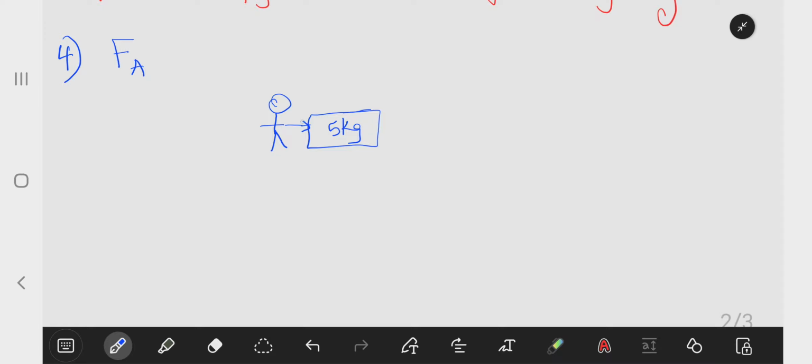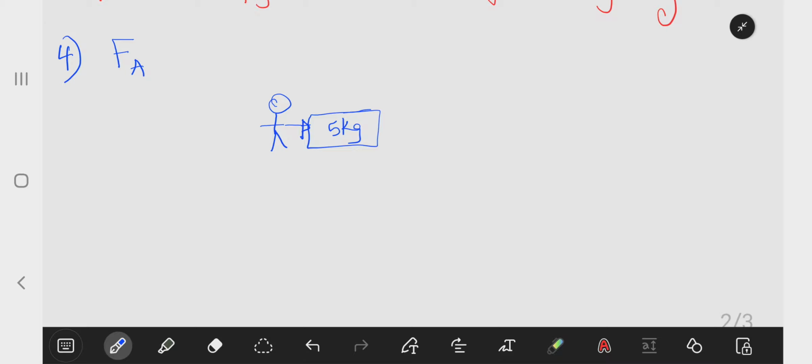This person is physically applying a force, so that's an applied force. In terms of identification, you are told that there is an applied force of maybe 50 newtons, for example.